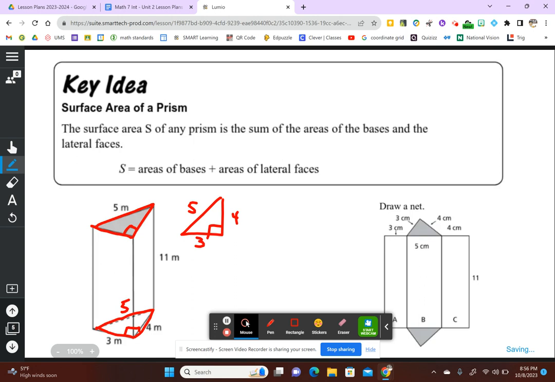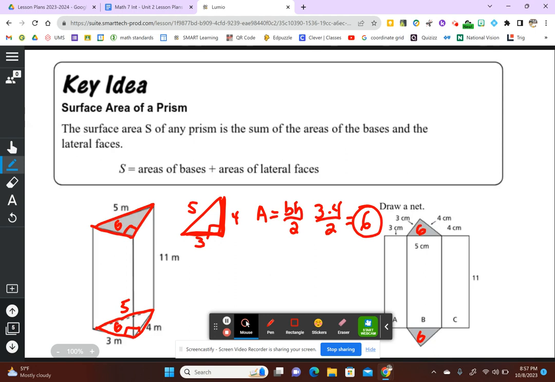When we find the area of a right triangle, we know the two sides that meet at the right angle are the base and height. So this area is base times height over 2: 3 times 4 over 2, 12 over 2 is 6. So I have one triangle with an area of 6, another triangle with an area of 6. If you look over here at the net, those two sections are 6.